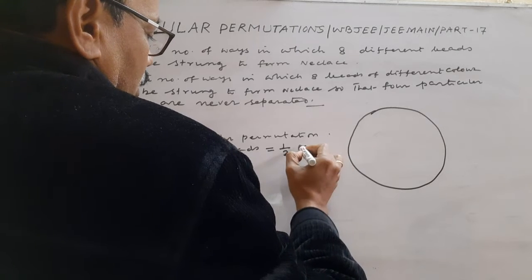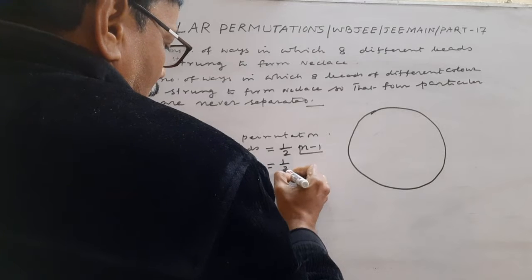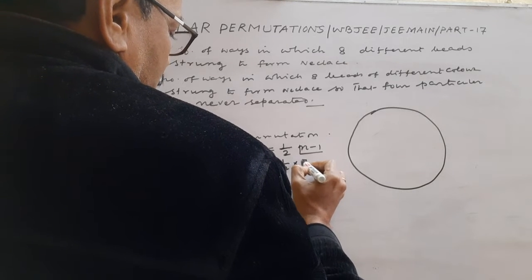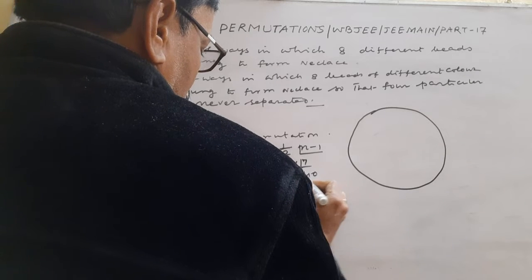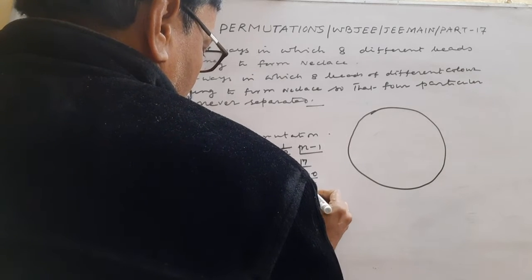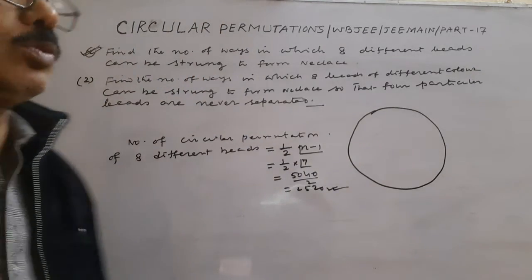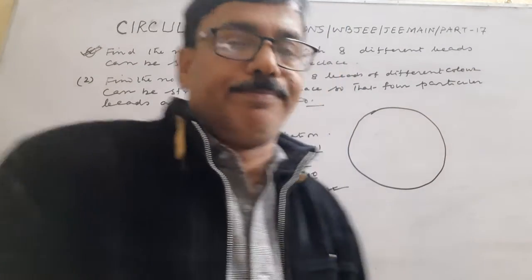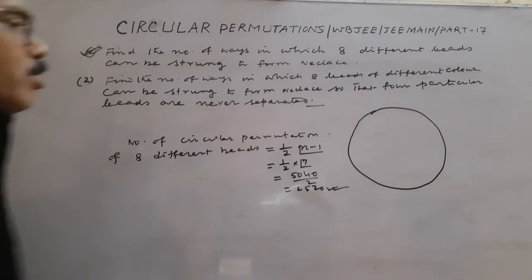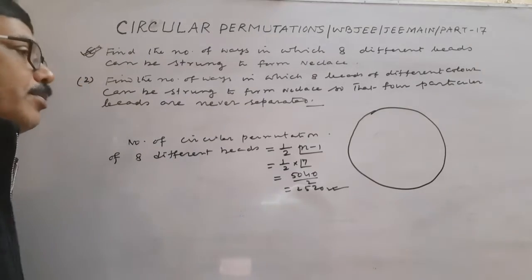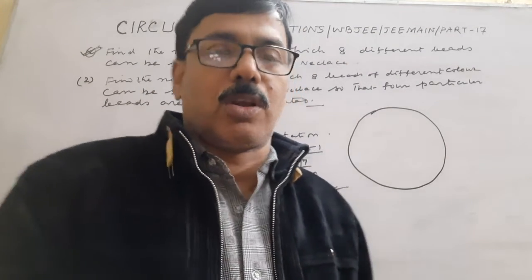Factorial n minus 1, into half. So half of factorial 7, so 5040 by 2, so 2520. So this is a 1 mark problem only. In case of forming a bead necklace, there is no distinction of clockwise and anti-clockwise direction.